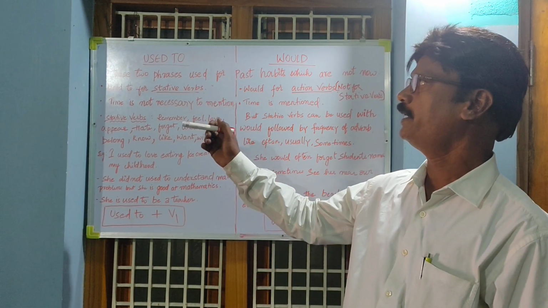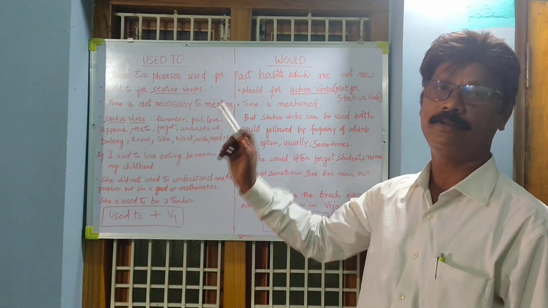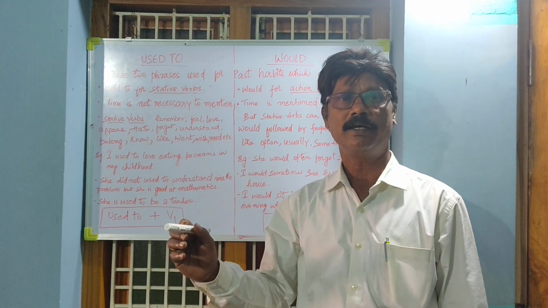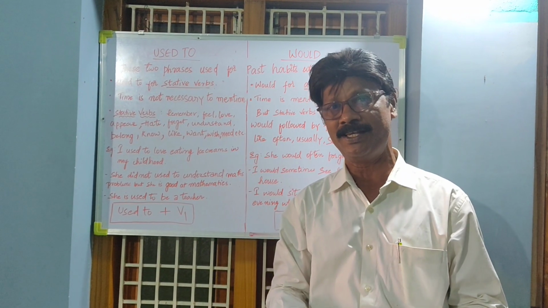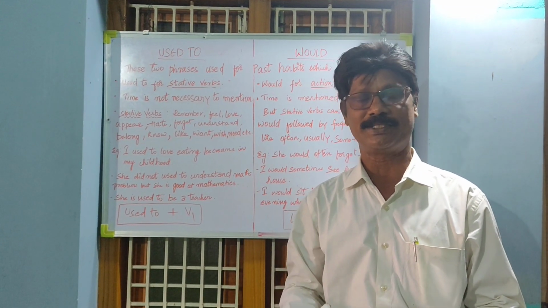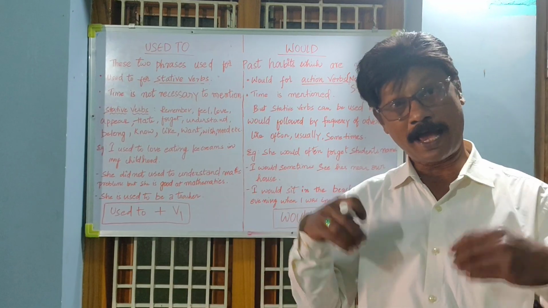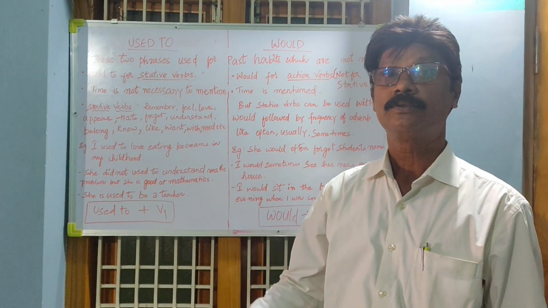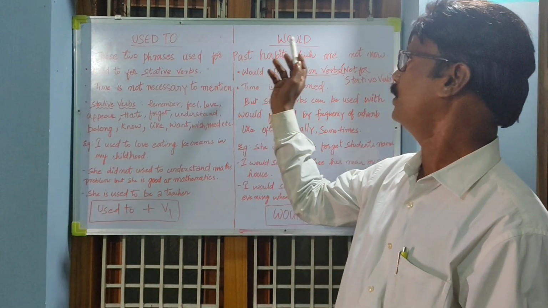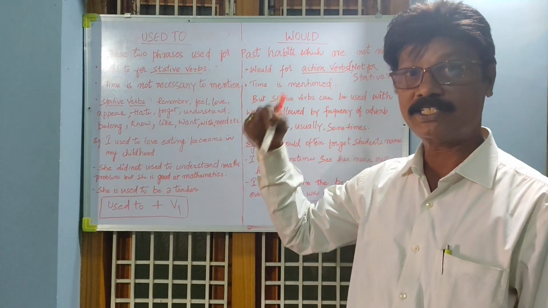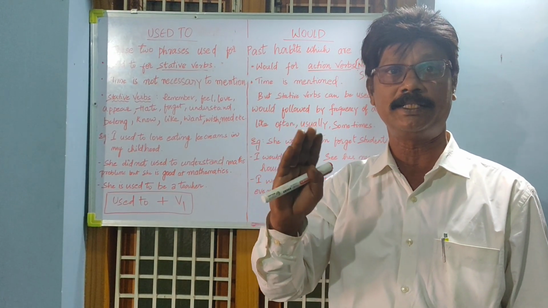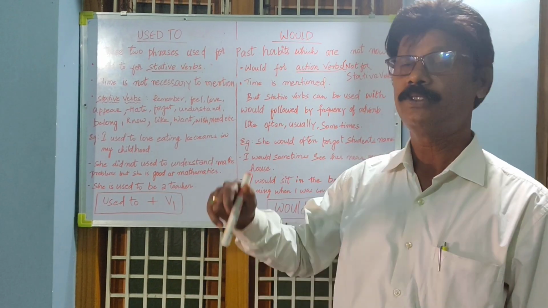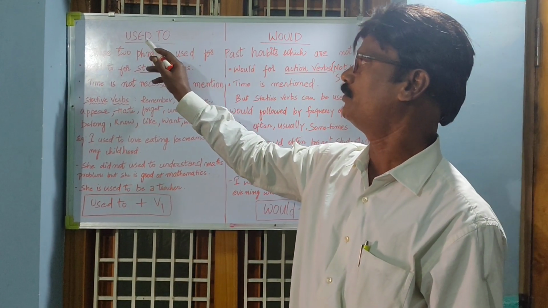Actually, used to and would, we use these two verbs for past actions and past habits. These are things that are not done in the present anymore. So in that case we use used to.